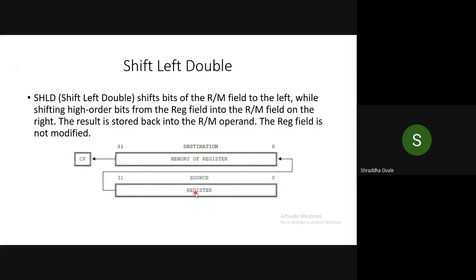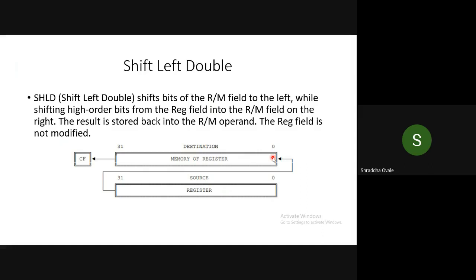See, the source can either be your register or it can be your memory. Okay. Now in this case what we are seeing, source is the register and destination is nothing but your memory of the register. What data type are we seeing? Double. So what is the size of our destination and source register? 0 to 31, that is 32 bit.